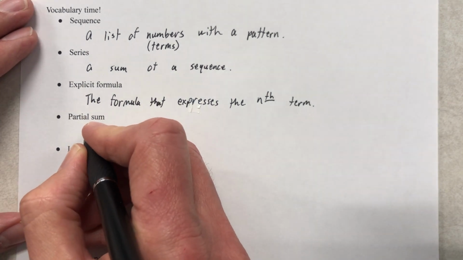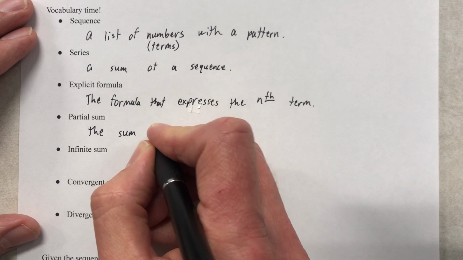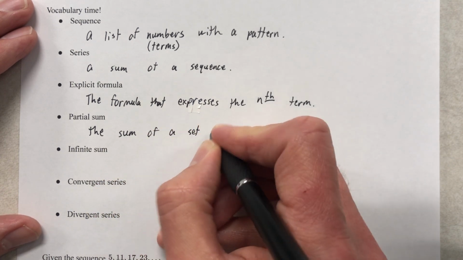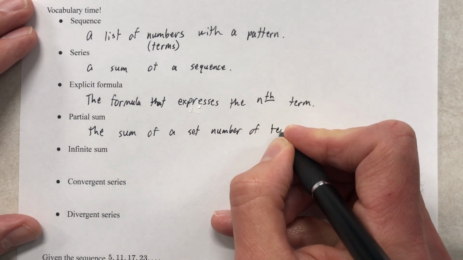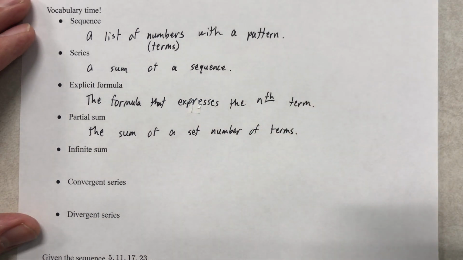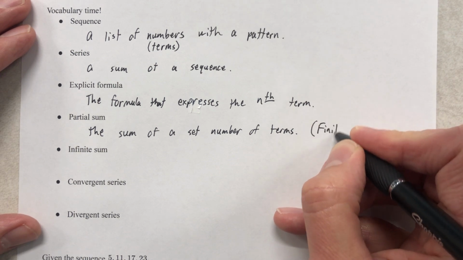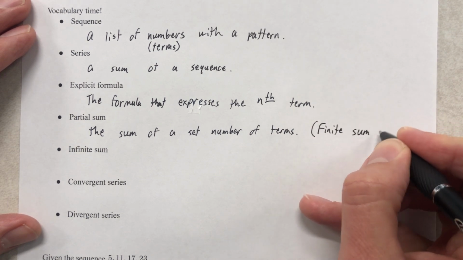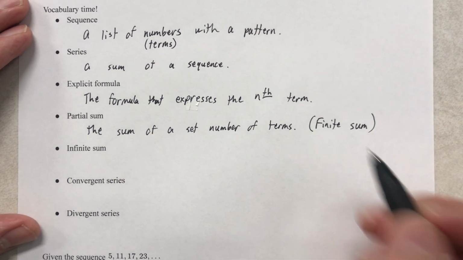A partial sum is the sum of a set number of terms. You'll probably hear this referred to more frequently as a finite sum because we're just taking the sum of the numbers and adding them together. We're taking a finite number of them.